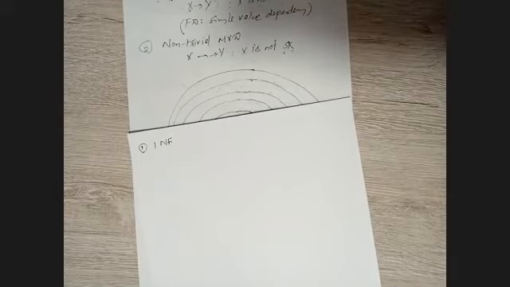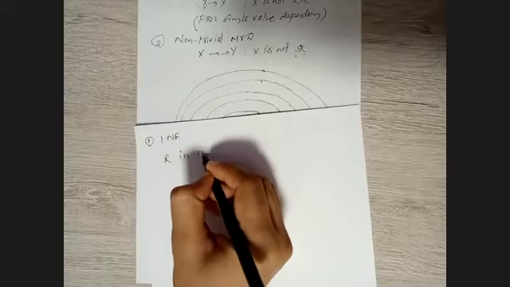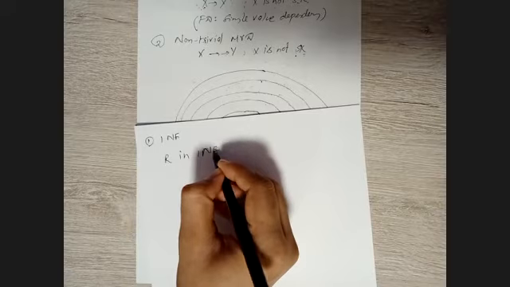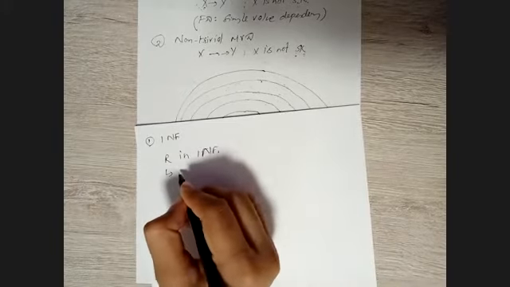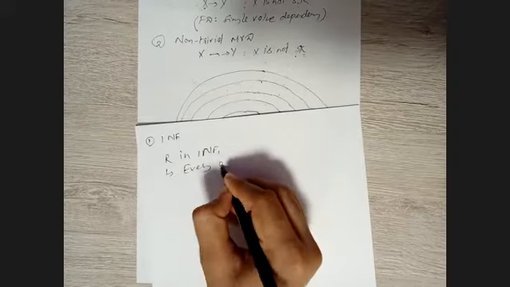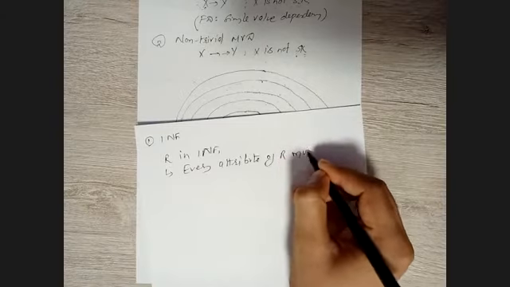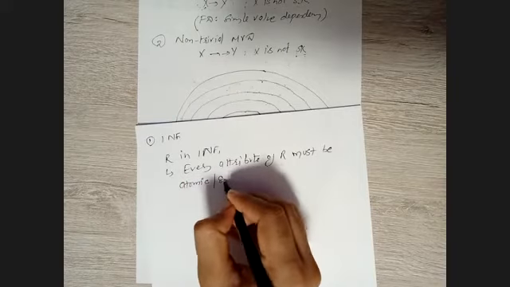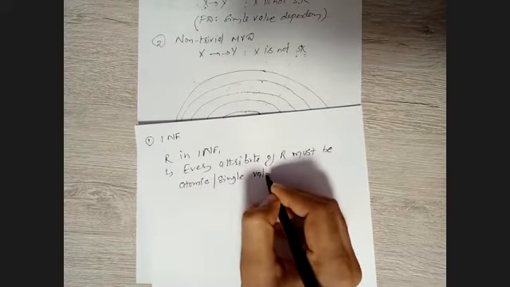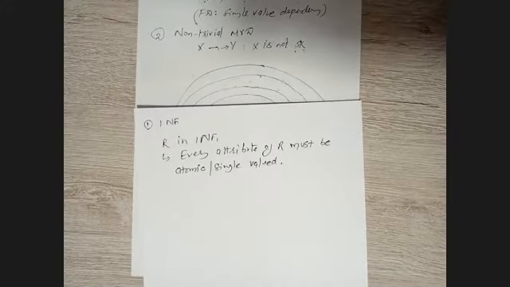A relational schema R is in 1NF if there is no multi-valued attribute in R. Every attribute of R must be atomic, or single valued. Only then do we say the relational schema R is in 1NF.